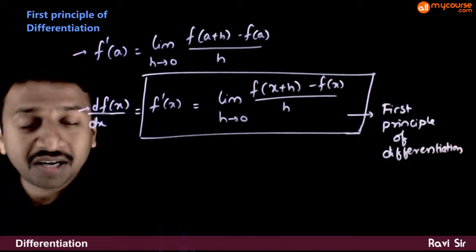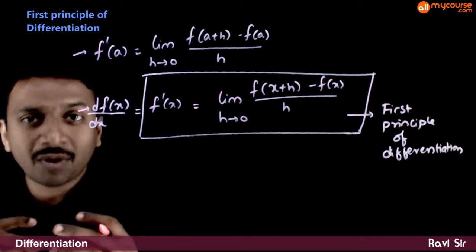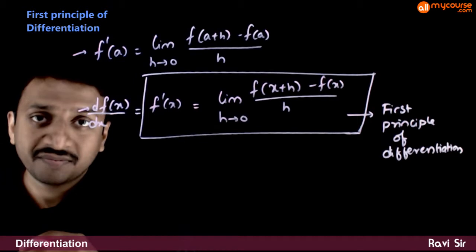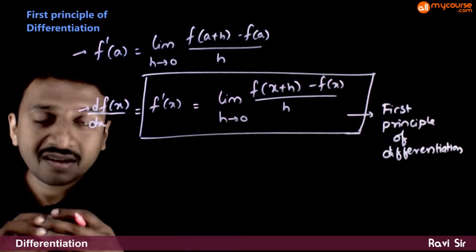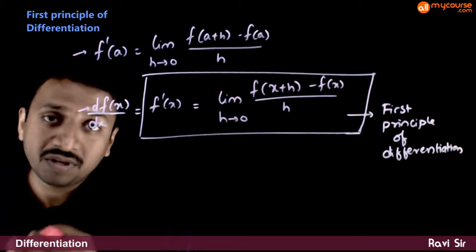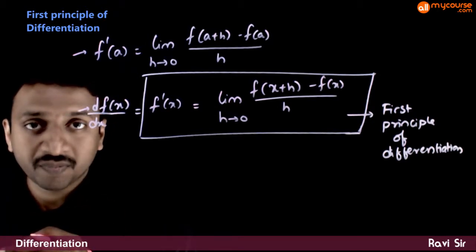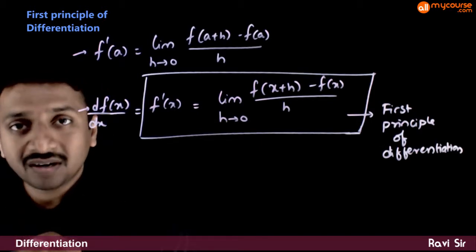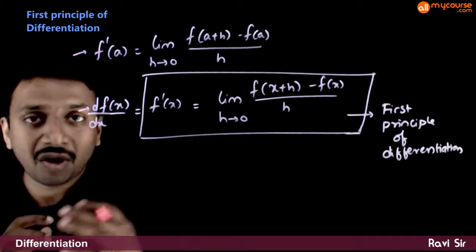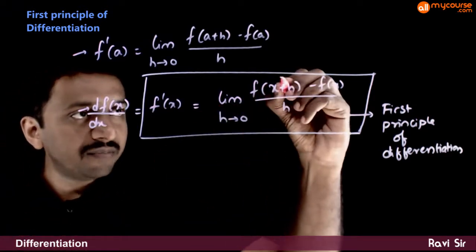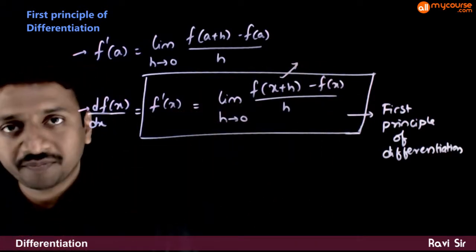So you would have learned already some of the differentiation formulas in your physics. So in physics, you need some basic mathematical tools, out of which differentiation is one of them. So in differentiation, you would have learned some formulas for differentiations of certain functions. So all the formulas come from this first principle.